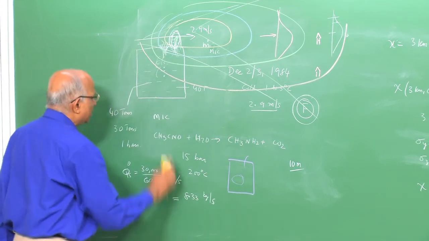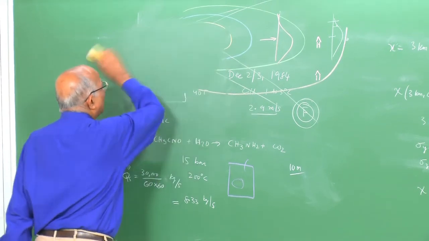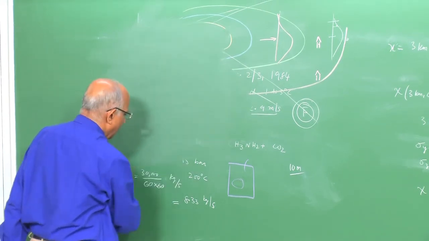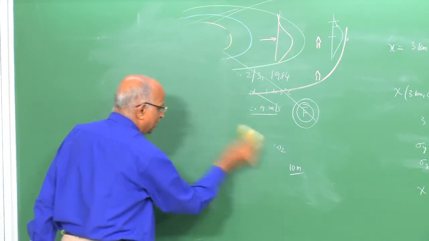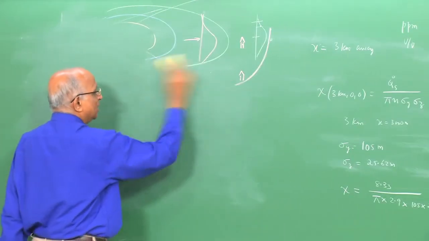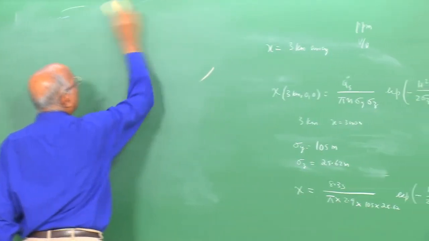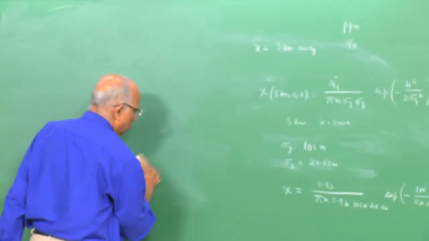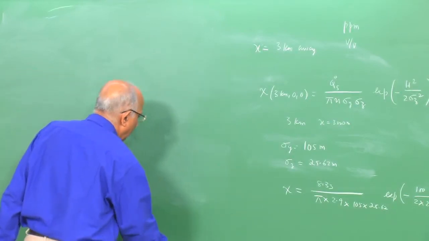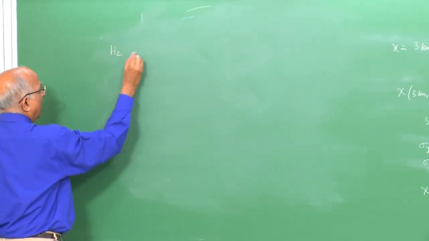Let us do one small problem, because of late we have the hydrogen economy, we want to use hydrogen gas. We have seen these gases, we did not consider much about their molecular mass because they are drifting on the ground. Let us consider a case of a buoyant gas such as hydrogen gas and its dispersion.